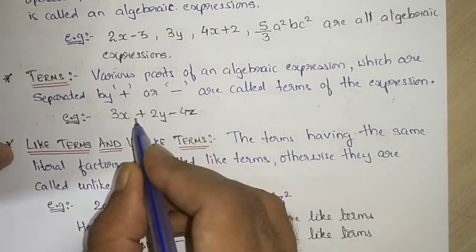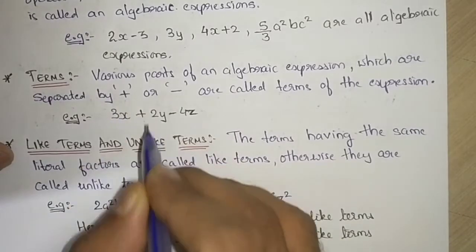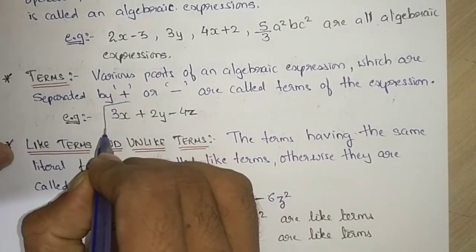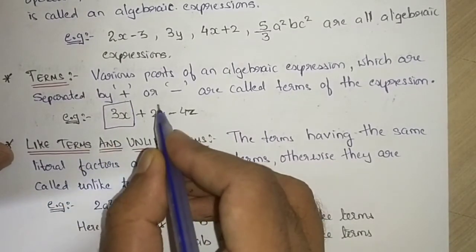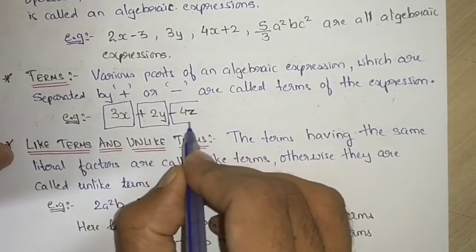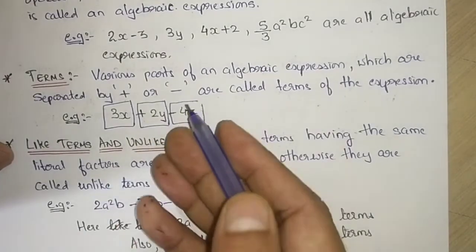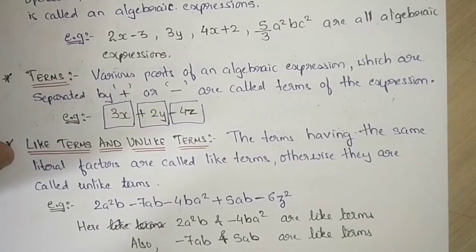Let me take this. This is an algebraic expression. In this, 3x is one term, 2y is one term and 4z is also one term. So these are the terms of the algebraic expression, right?